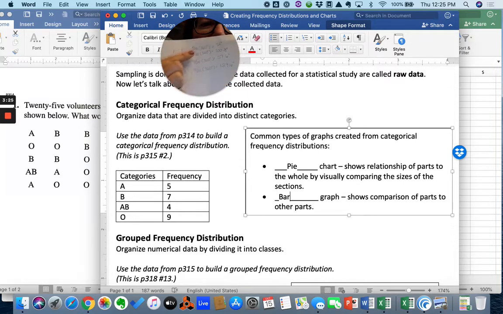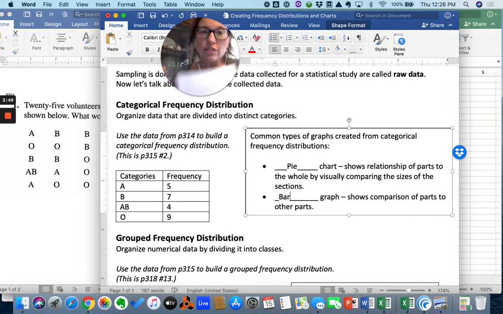So 5 out of the 25 are A. Now for a pie graph, you've got the whole circle, and you make the different pieces of the pie sized relative to how much that data is. That way someone can look at it quickly and be able to tell how big each category is in relationship to the whole and in relationship to each other.